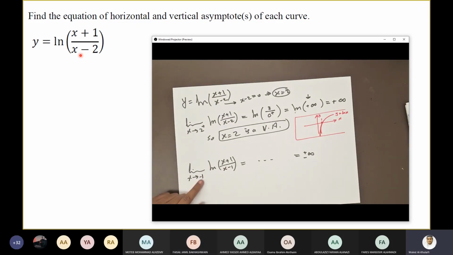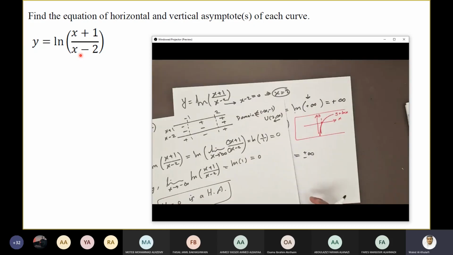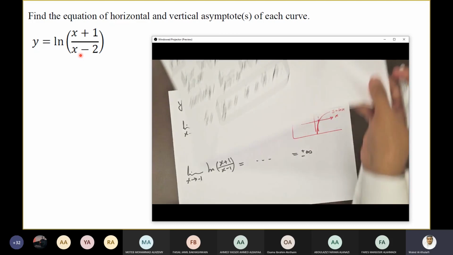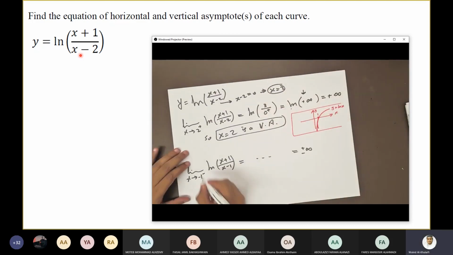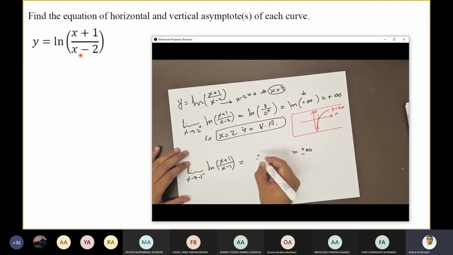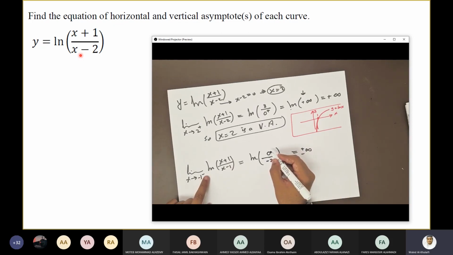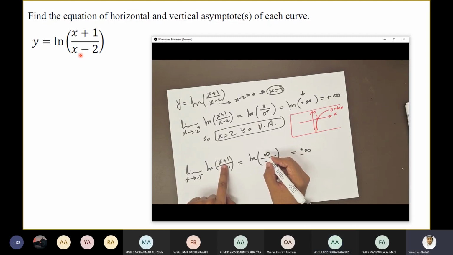But of course, I have to be careful. I have to approach minus 1 from where? Look back at the domain. I have to approach it from the left. So here, ln of 0, and we put minus 1, so it will be minus 2. And when approaching minus 1, x plus 1 will be what?